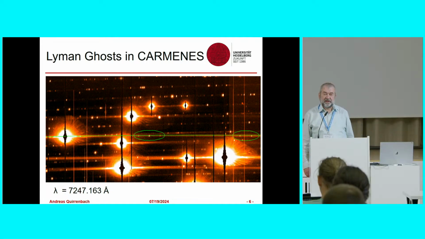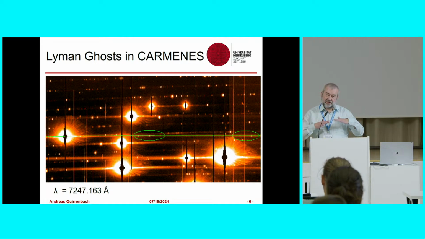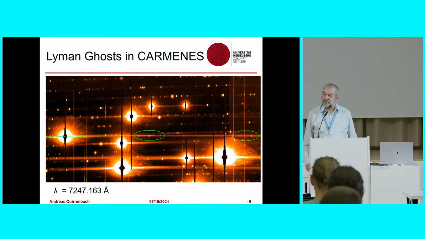So that's a way to identify them. They occur at very regular patterns, and they reproduce each line. So these green ghosts belong to this very, very strong line at the left end, but each and every line has these satellites, and they are periodically spaced.